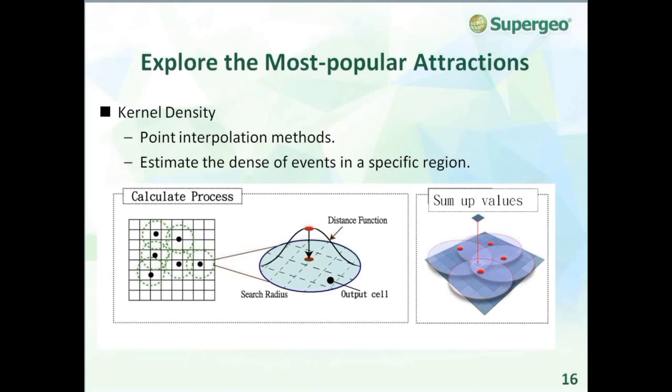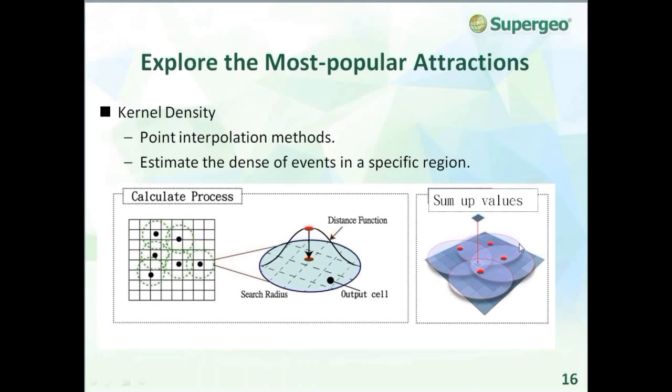When applying the kernel method, first, the analysis will draw a circular neighborhood around each sample point, and then calculate the value of each cell which is located inside the circular neighborhood, and then apply a map function to calculate the value of each cell. The fundamental of this map function is to make closer cells get higher value and represent higher density.